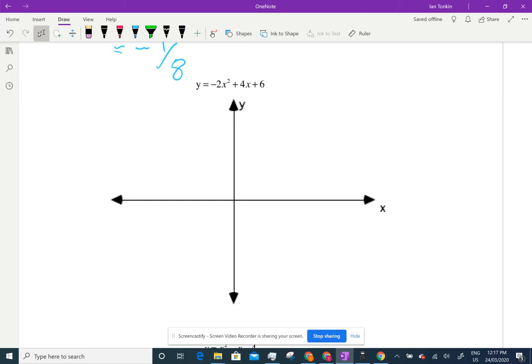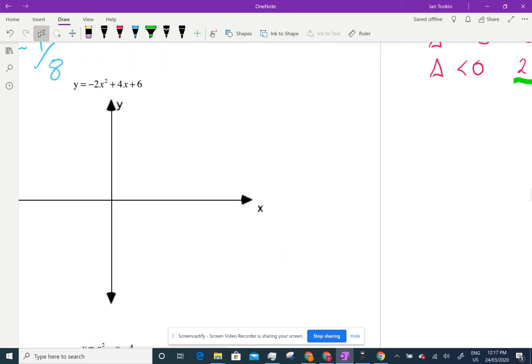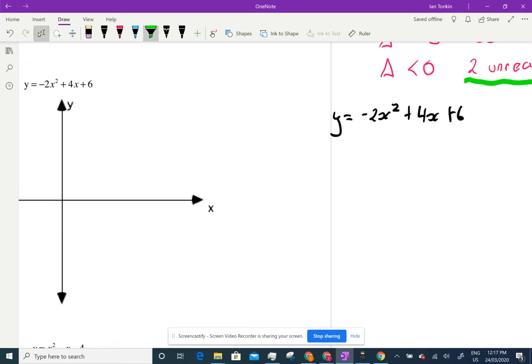Now that you've gone away and had a go, see how you went. So let's just go through it again, and I'm going to write it over here. Y equals negative 2x squared plus 4x plus 6. We'll go through your steps. First of all, is it positive or negative?